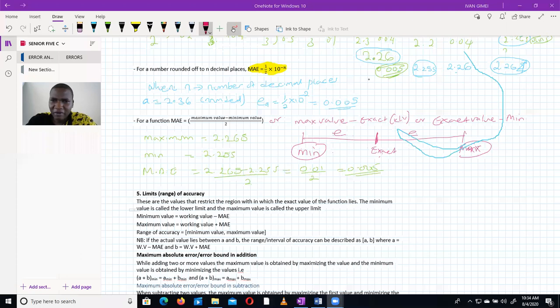Someone says, teacher, when finding relative error, the calculator gives the answer in standard form, and when you change to normal, it truncates it. How do you go about it? Some calculators give you the answer in standard form, and when you go to normal, it truncates it.